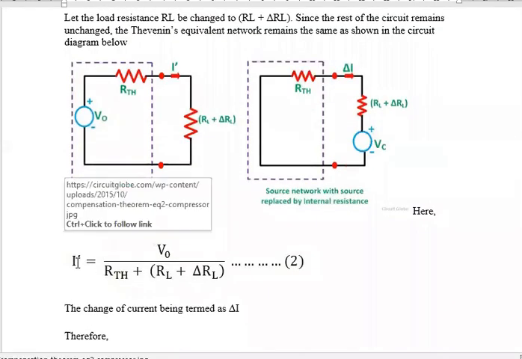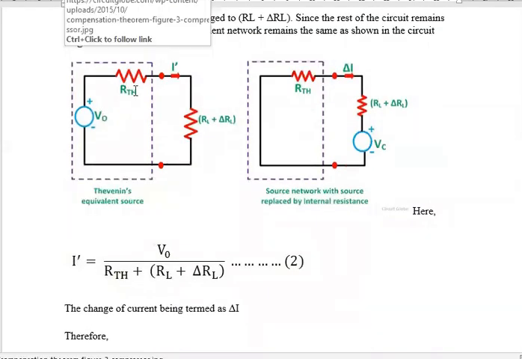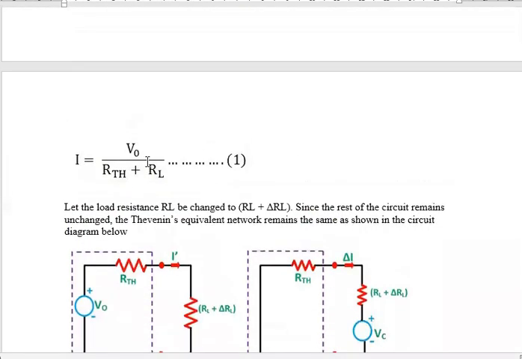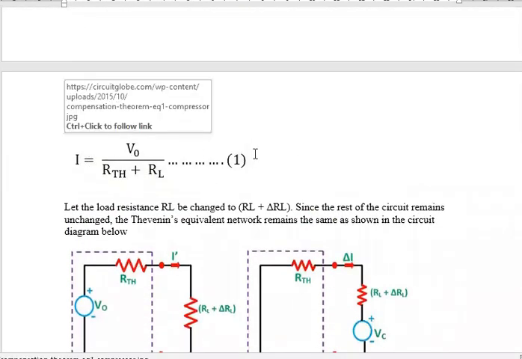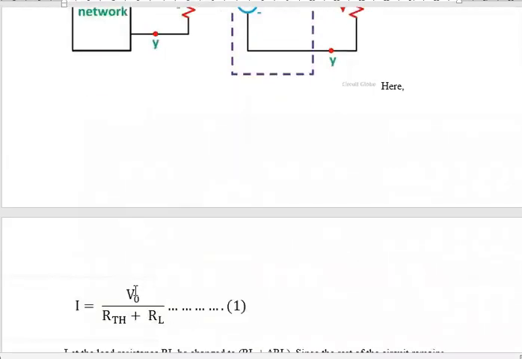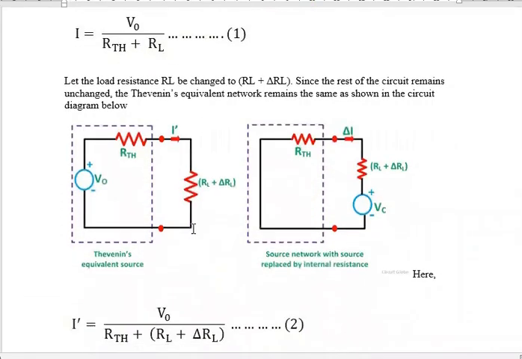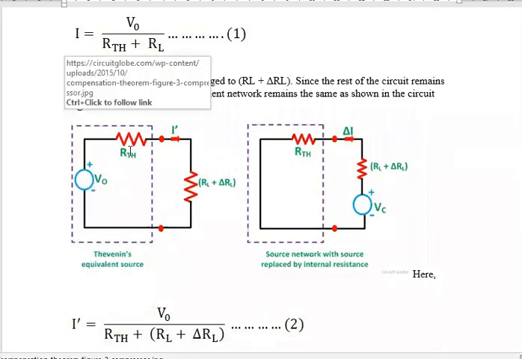So I dash equals V naught by RTH plus RL plus delta RL. I repeat, before change in resistance, I equals V naught by RTH plus RL for this circuit. After change in resistance in this branch, the new current through this branch is I dash equals V naught by RTH plus RL plus delta RL.